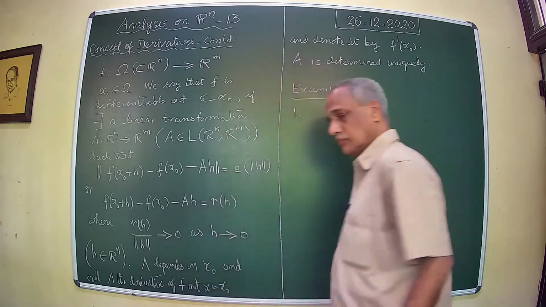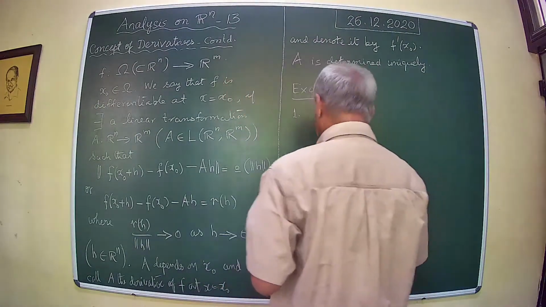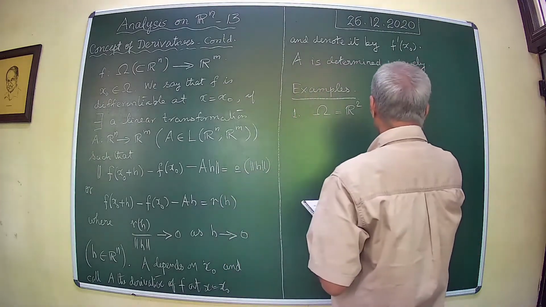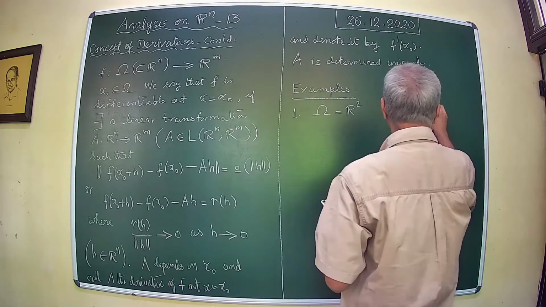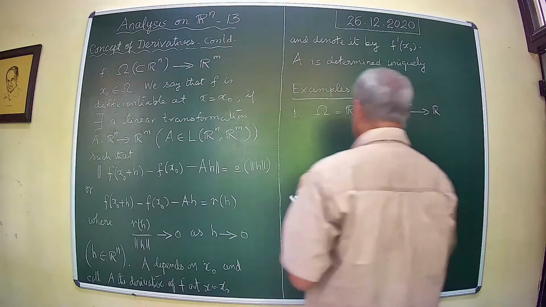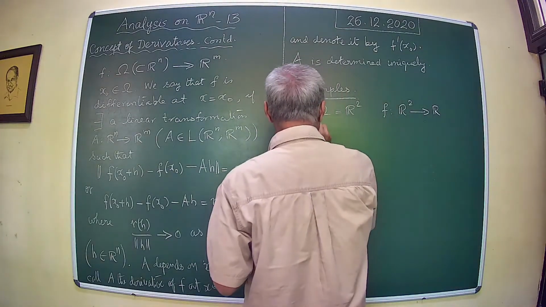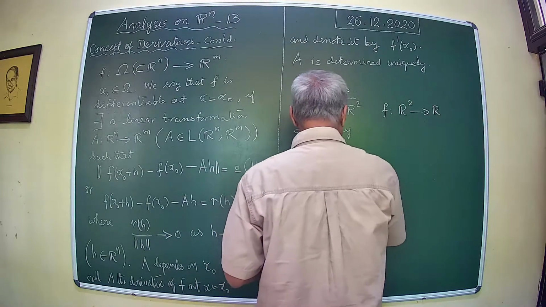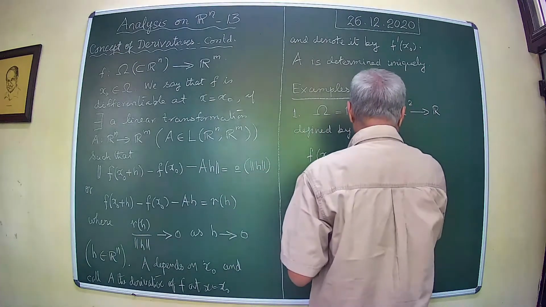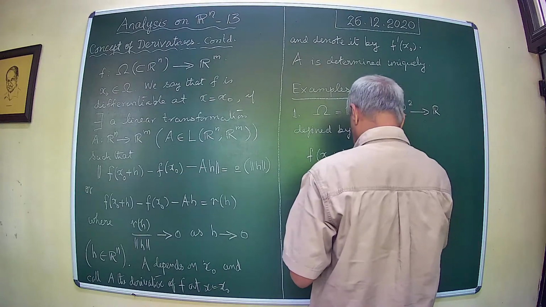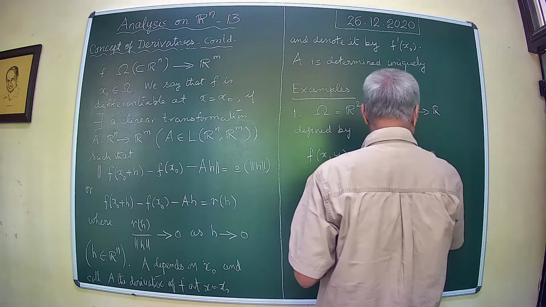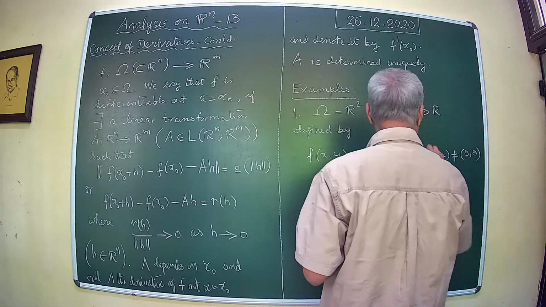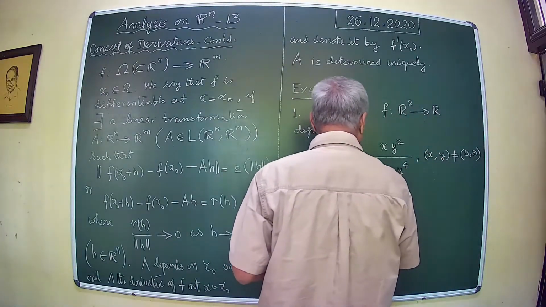First example, we take omega to be equal to R2, and f is defined by f(x, y) equal to an expression for (x, y) not equal to (0, 0), and f(0, 0) equal to 0.